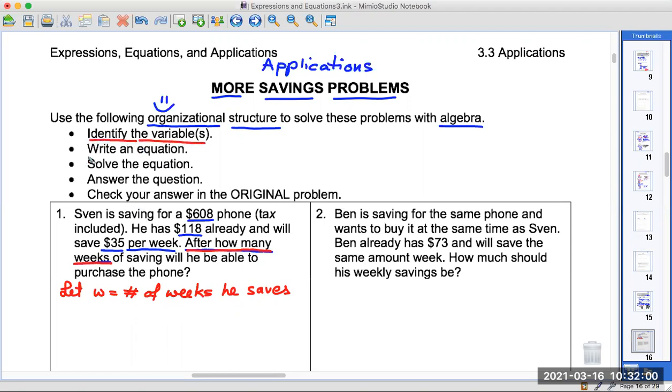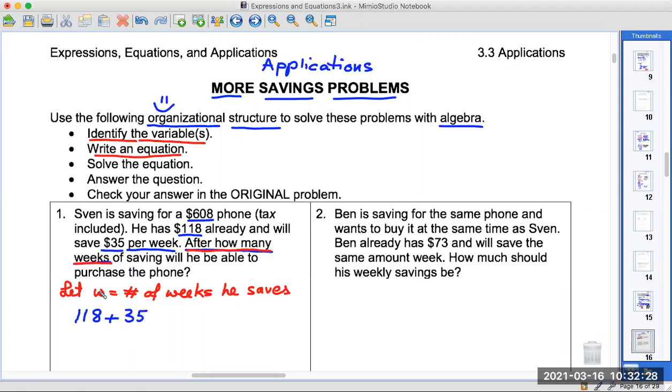Now we have to write an equation. So let's look. Start out, 108. Oh no, 118. Start out point. Okay. And then he saves $35 per week. Saving means you're going to add more, $35 each week.